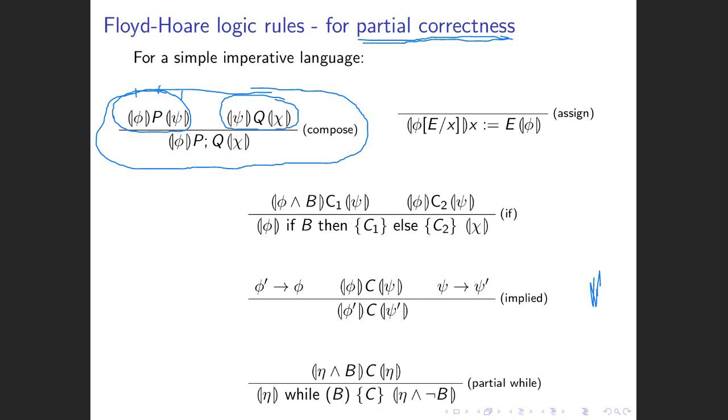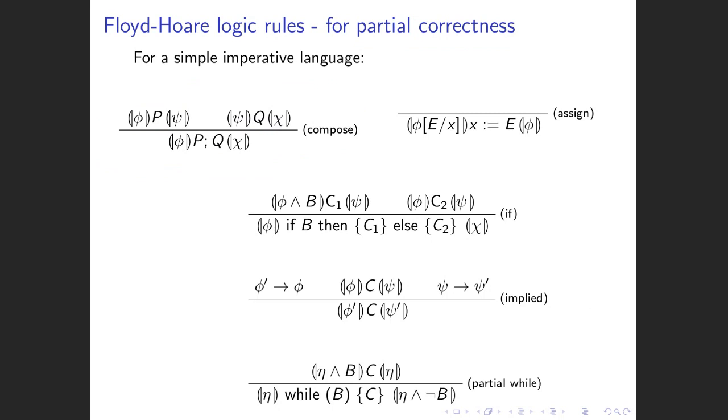So let's try and understand what this rule is actually doing. This is describing a property of program composition. In composition, you've got a program P, you run P, then the semicolon means run Q afterwards.